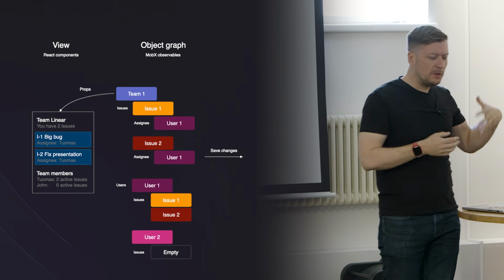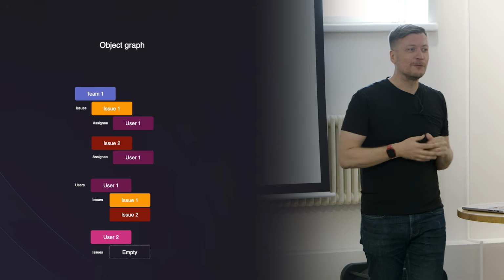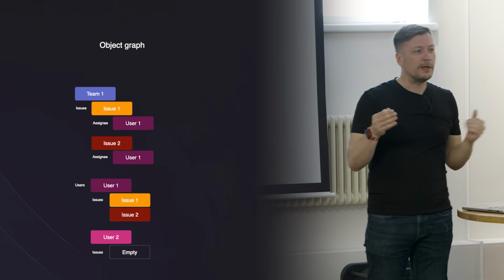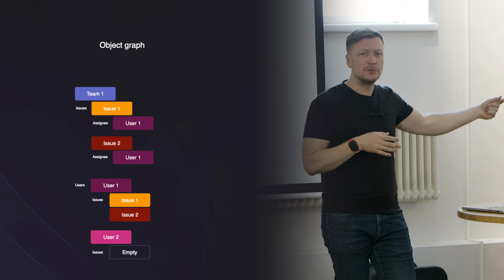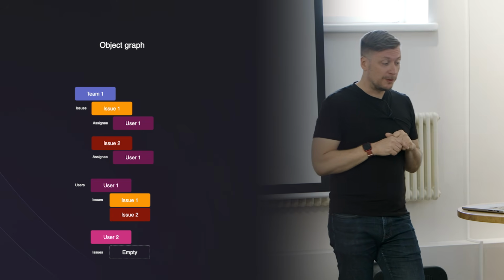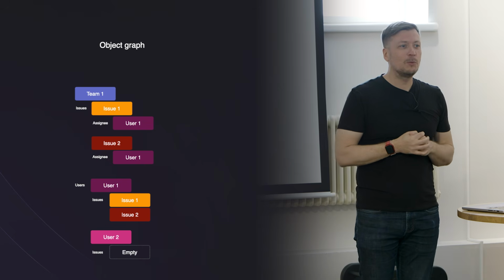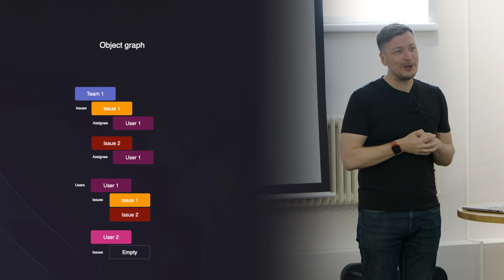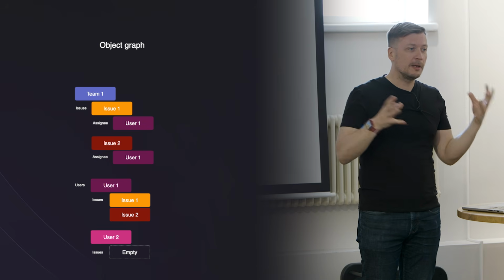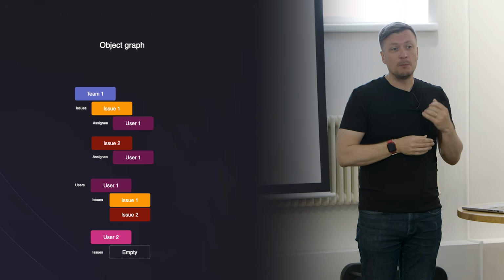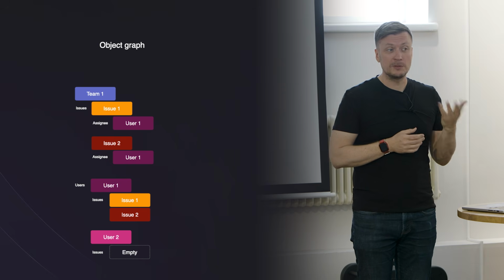And because the view is a function of the object graph, we can also forget about it for the rest of the talk. You just need to know that if the object graph changes, your view automatically is kept up to date as well with those changes. And I want to dive deep into how we initially built out the pipeline for making these changes and keeping the clients in sync, what problems we uncovered, where we hit performance problems, and how we solved them.